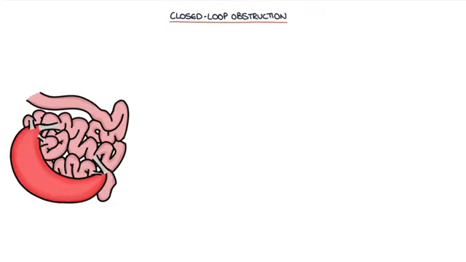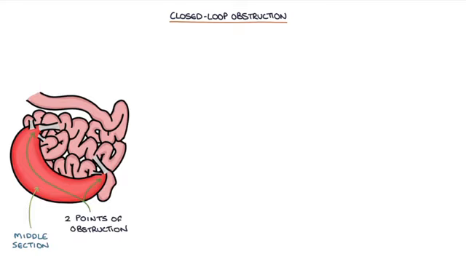Let's talk about closed-loop obstruction. Closed-loop obstruction describes a situation where there are 2 points of obstruction along the bowel, meaning that there's a middle section sandwiched between the 2 points of obstruction. This middle section is isolated without being able to drain in either direction because there's an obstruction at both ends.